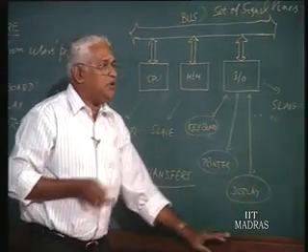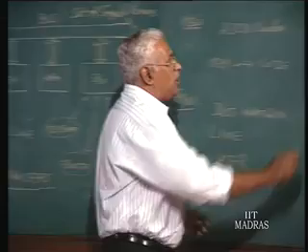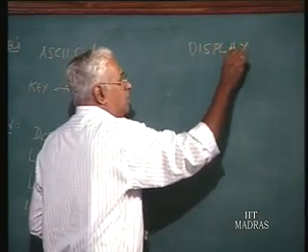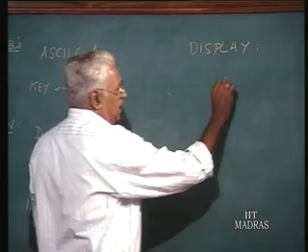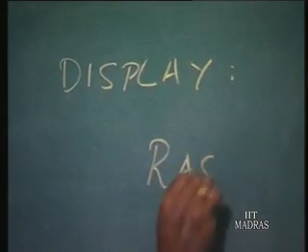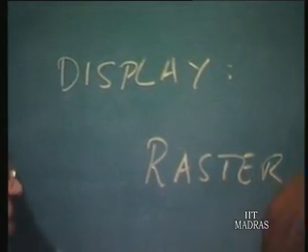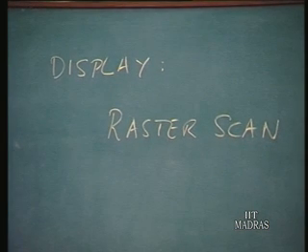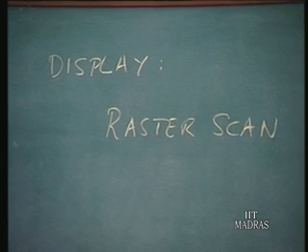The same thing about display for that matter. Now, just for instance, the display, you can have a normal raster scan display, that is what everyone knows with reference to TV, or it can be a different type of display.